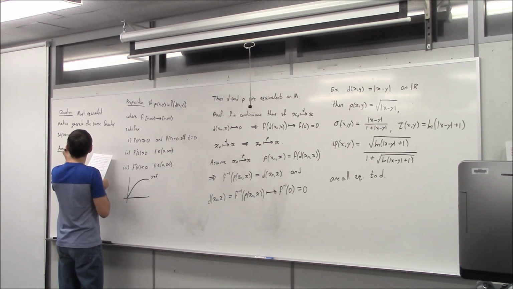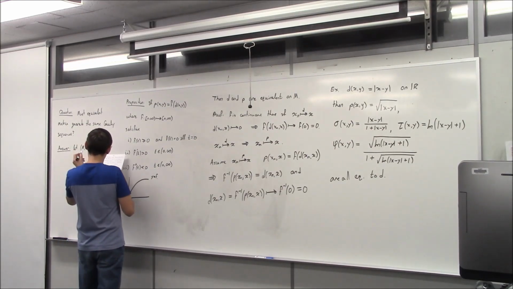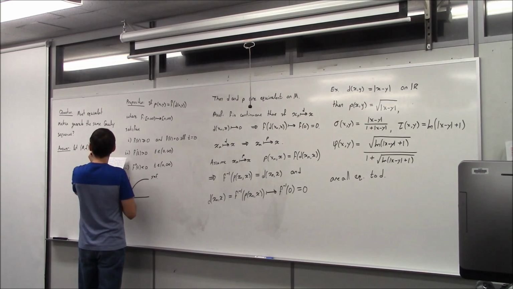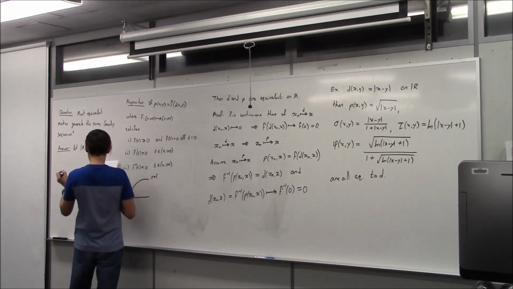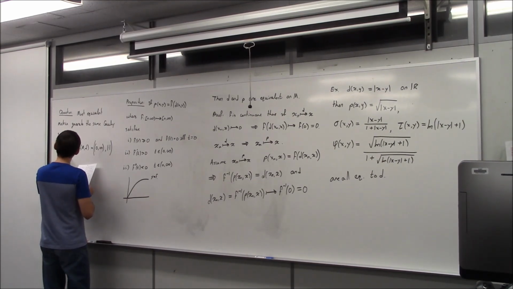So let M_D be equal to simply the interval from 0 to infinity together with the absolute value. Okay? And let's pick our favorite sequence. So consider the sequence 1 over n.